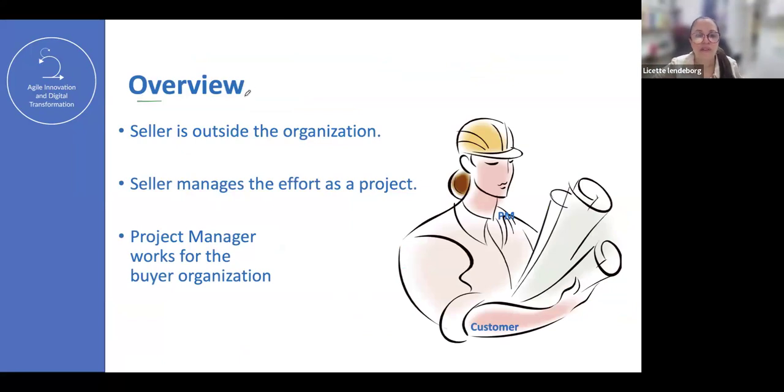So just to clarify for the exam, the seller is outside of the organization. The seller manages the effort as a project. The project manager works for the buyer organization. One more time, the project manager, you and me, we are the owner of the contracts.